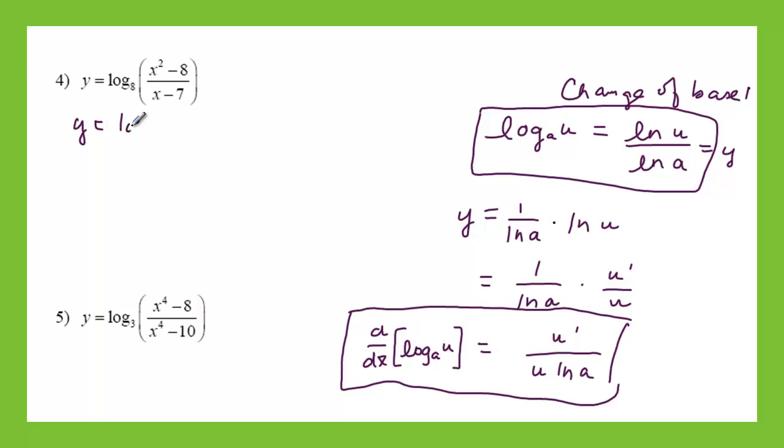So y is just equal to log base 8 of x squared minus 8, and then we're going to subtract log base 8 of x minus 7. Now we have 2 logs base 8. We can apply this new rule.